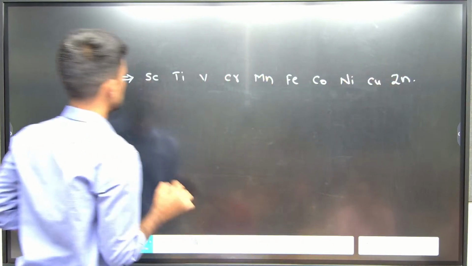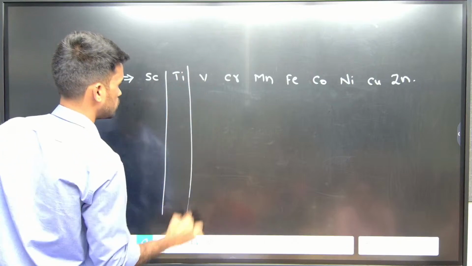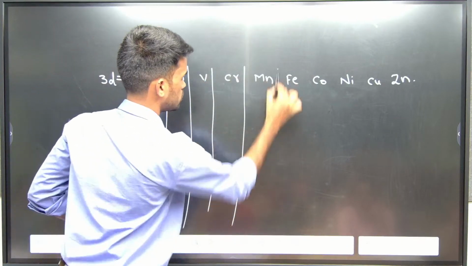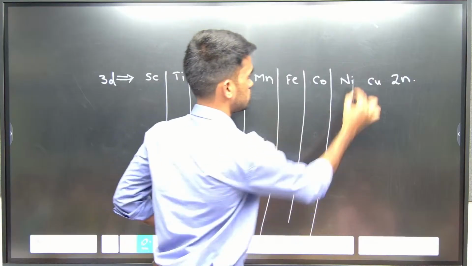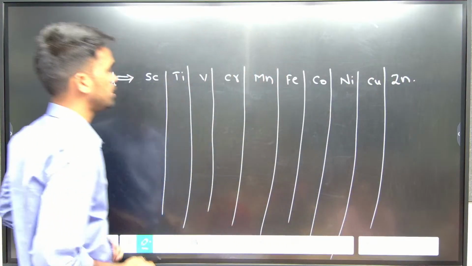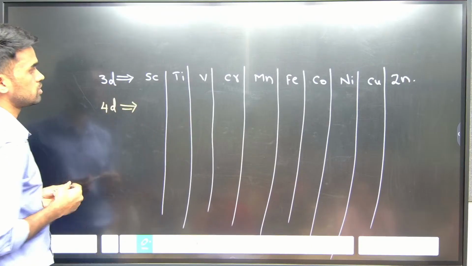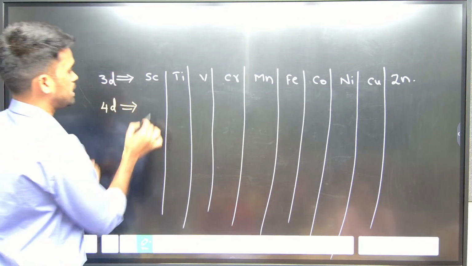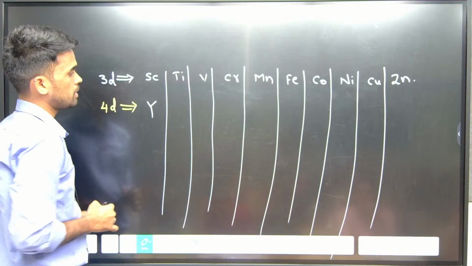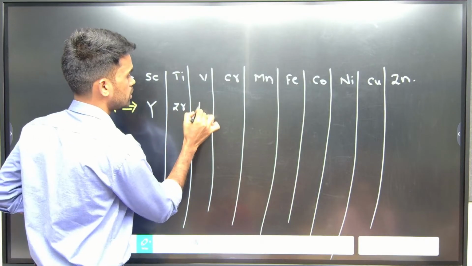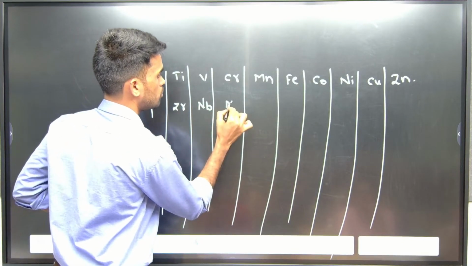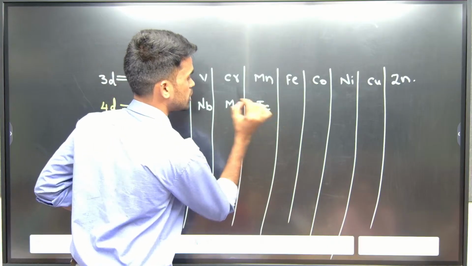Okay, next, tell me the 4D series elements. Yttrium, zirconium, niobium, molybdenum, technetium.